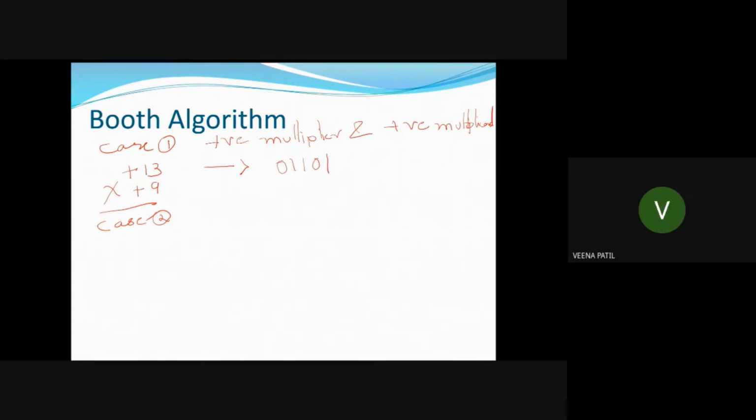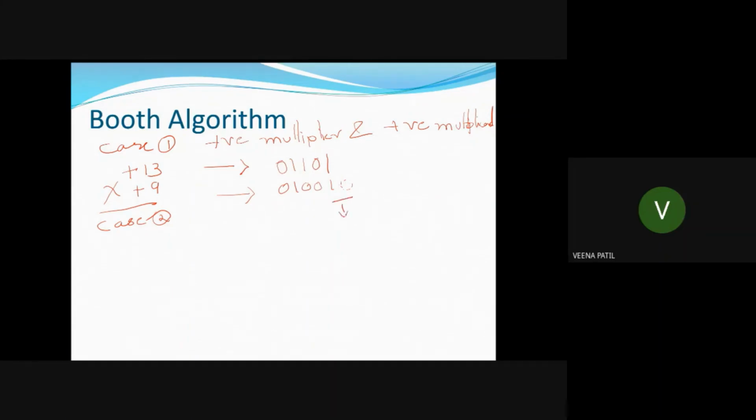And how about 9? 01001, ma'am. That stands for plus 9. Can you recode it, please, and tell me the recoded value of plus 9? So I'm going to imagine here a 0.